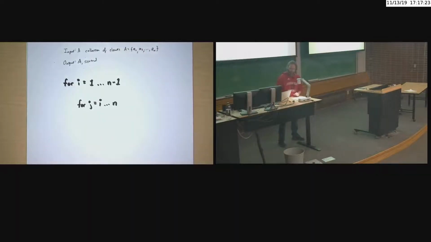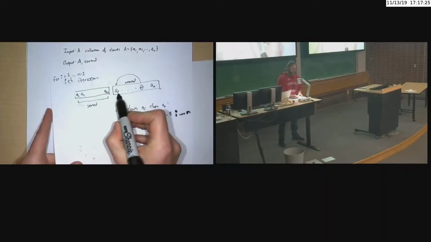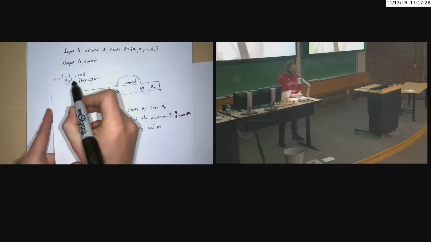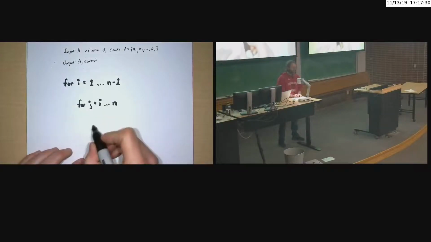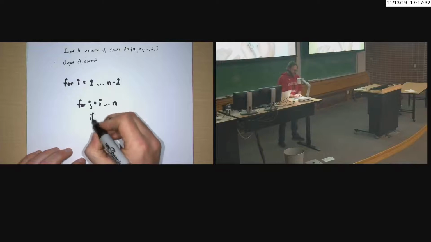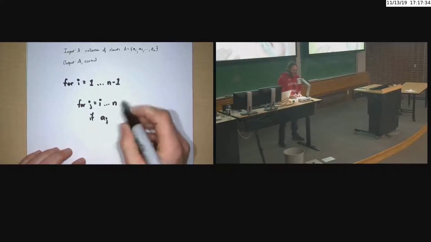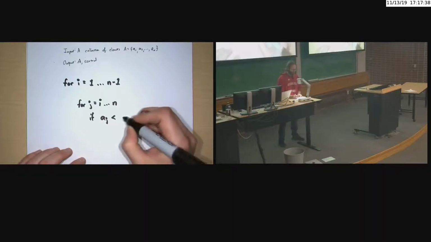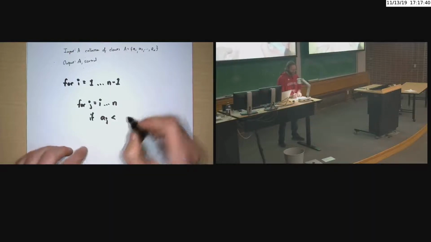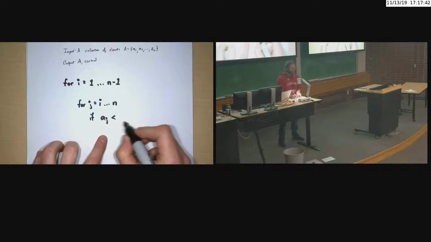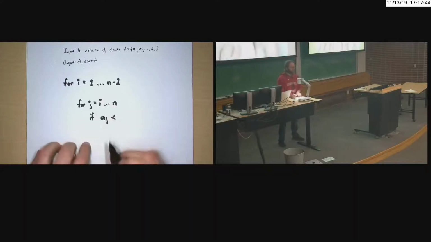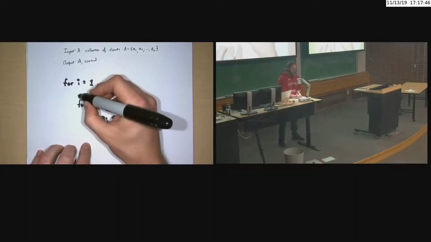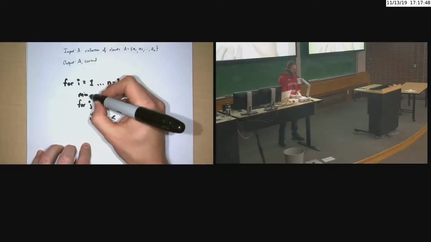In this case, we will want to run all the way to n because this is the ith iteration. I need to find the minimum. So if the jth element, a sub j, is less than the thing that we've found so far, that's minimum, then we need to update it. Well, that means that we need to keep track of the minimum. That's why I left some space here. So what I'm going to do is have a min index.